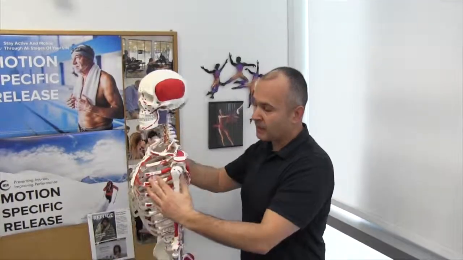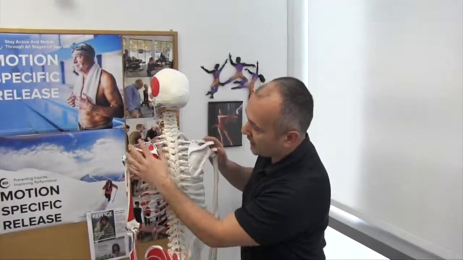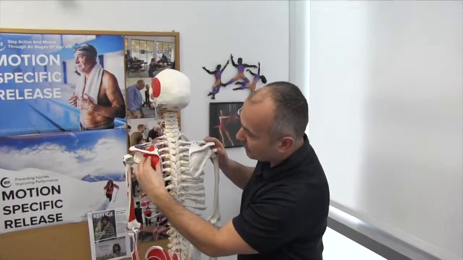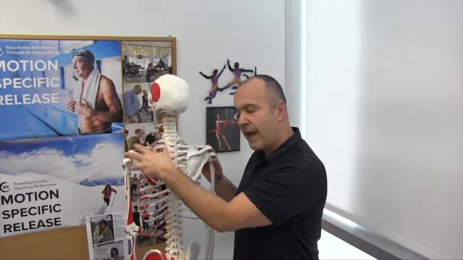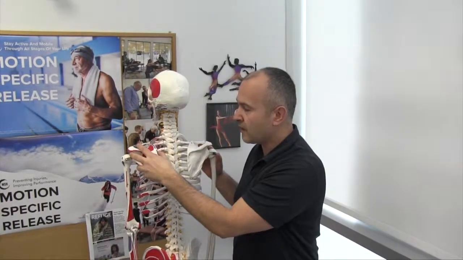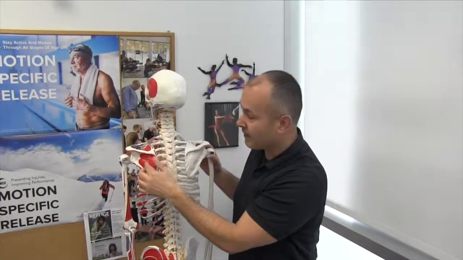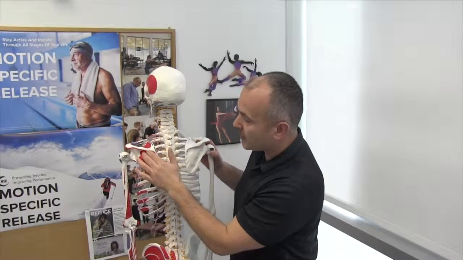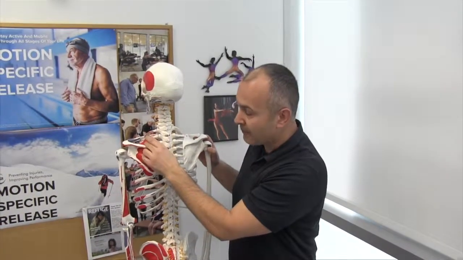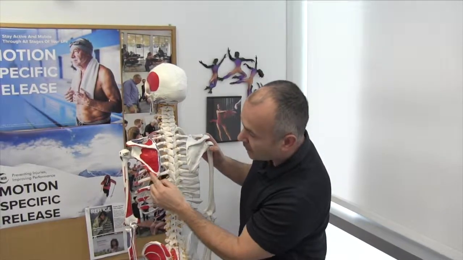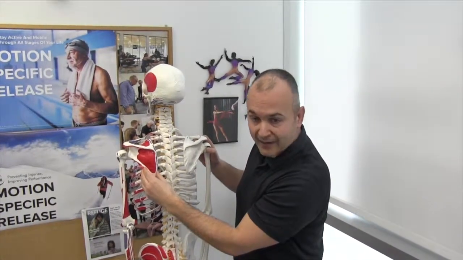Now, coming back to this part of the skeleton, if we think of the infraspinatus and the supraspinatus, we always approach this fascially, but sometimes what we forget to think of are actually nerve entrapments that may occur in this area. Now, infraspinatus and supraspinatus are innervated by the suprascapular nerve, while the teres minor here is innervated by the axillary nerve.